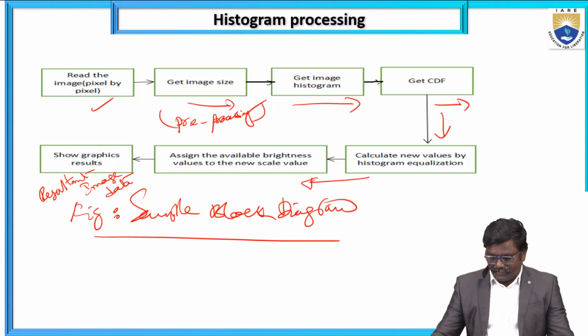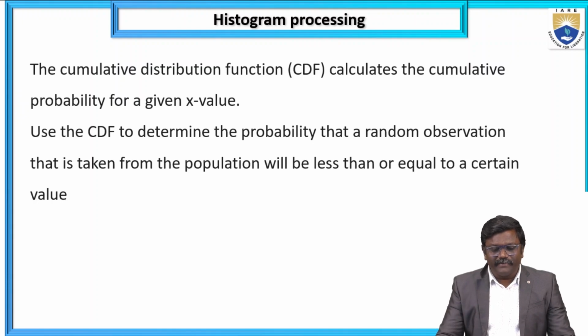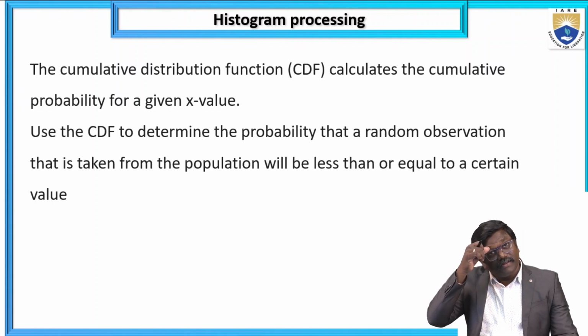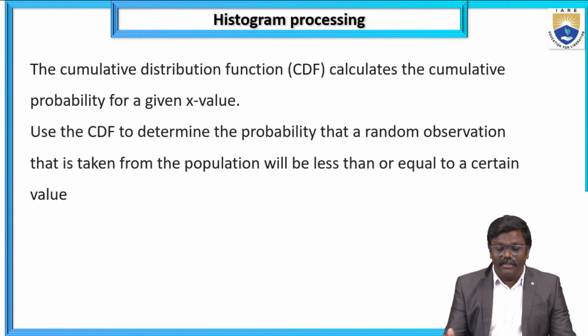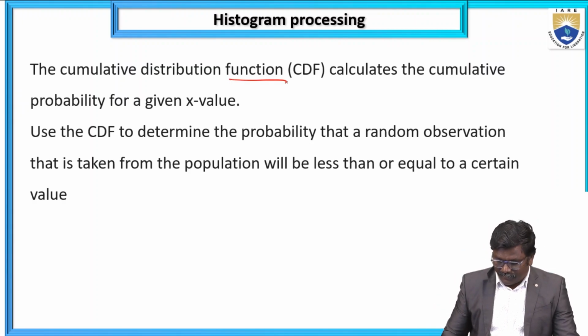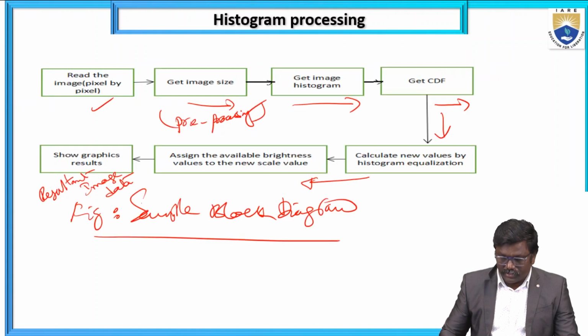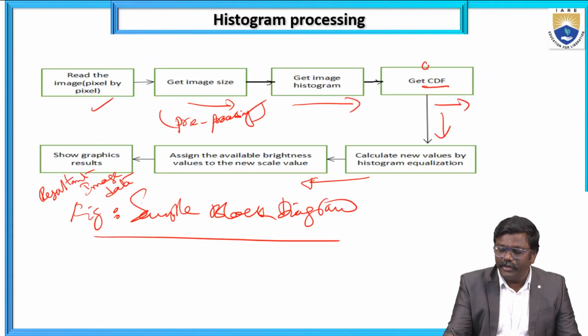Such a processing is considered to improve your image by applying the histogram equalization method. Next, the histogram equalization processing concentrates on one of the functions that we call the CDF function, that is, the cumulative distribution function.